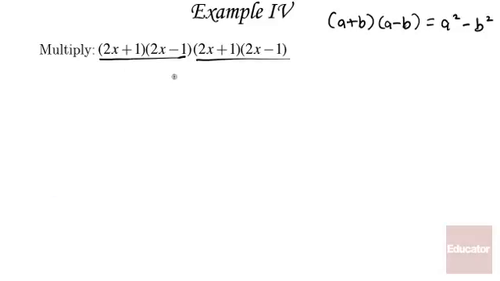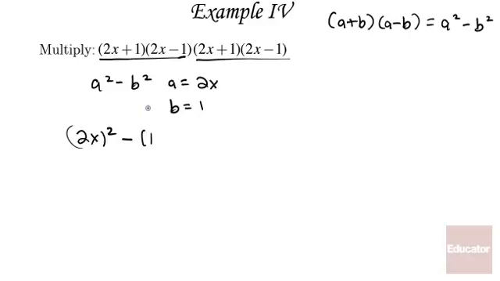So first, write out my formula right here, and I'm going to say that a is 2x, b is 1. Substitute these values in. For a, I'm going to have 2x squared minus 1 squared.